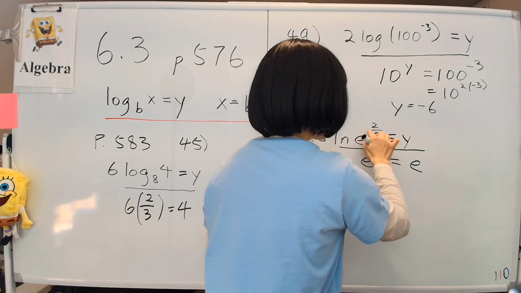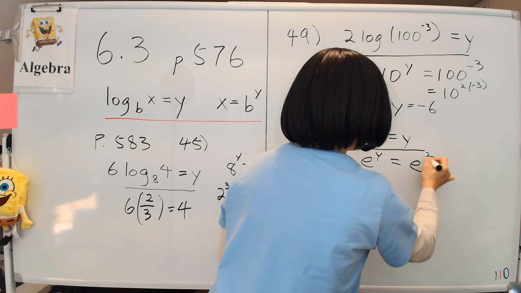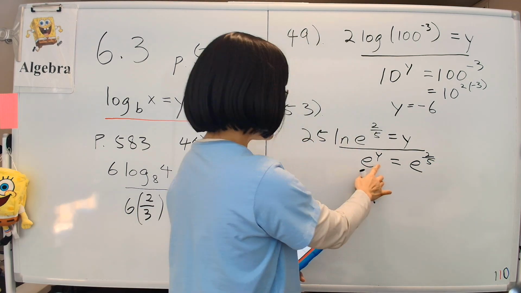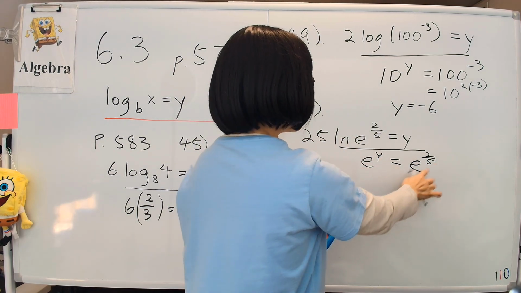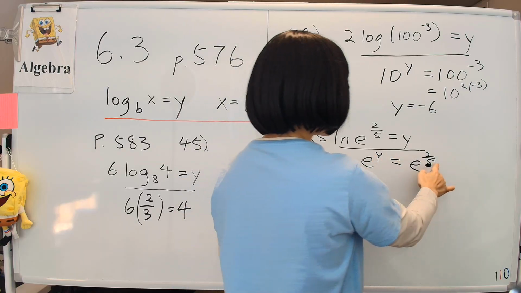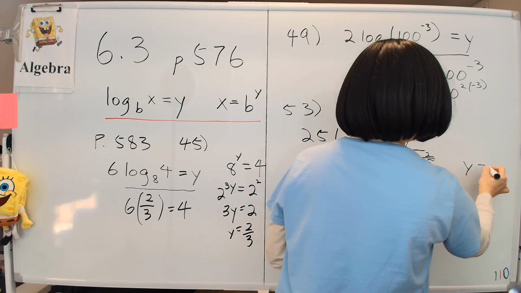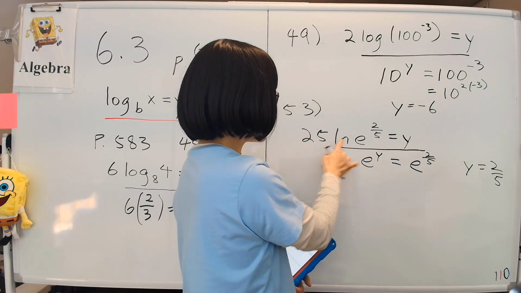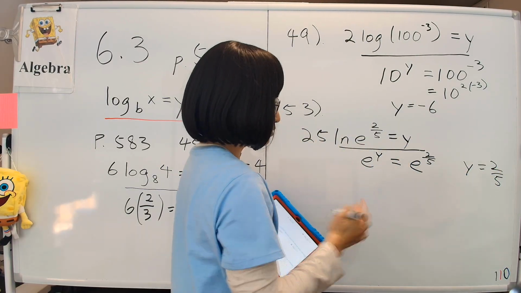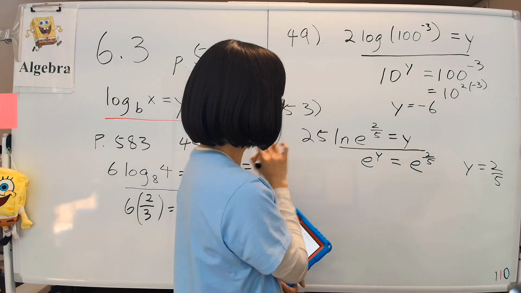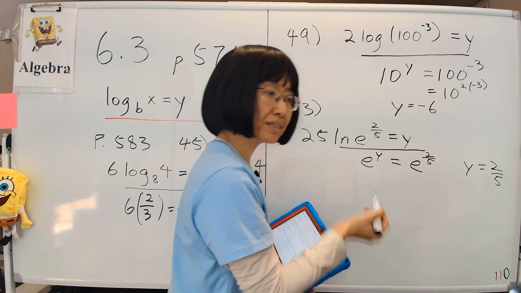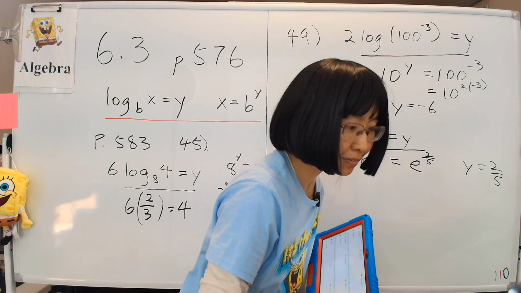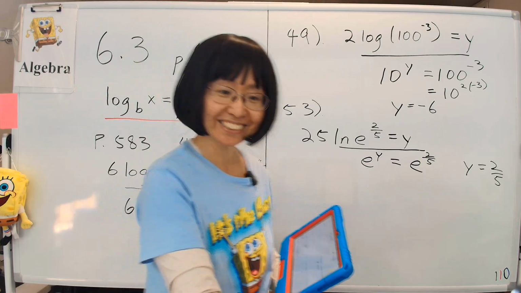That whole thing is inside the logarithm, e to the power 2/5, and that means e to the y is e to the power 2/5. That means y is exactly 2/5. So y equals 2/5. But we need 25 times y, okay? So 25 times y would cancel out the 5, and you get 5 times 2 is 10. So the answer for problem 53 should be 10, and it is.